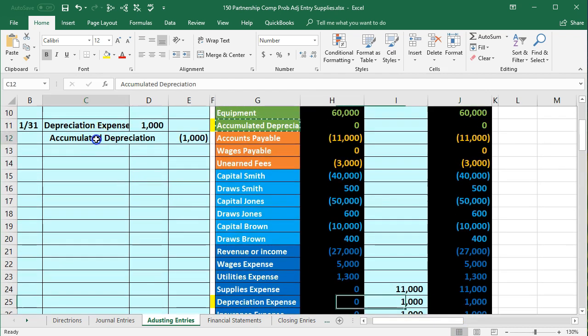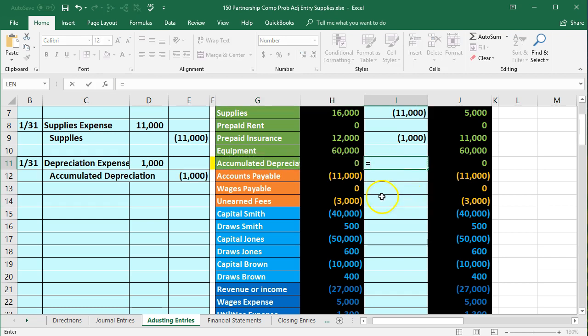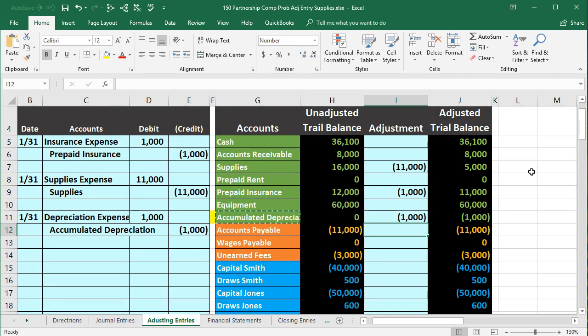Then the other side, accumulated depreciation, is here. So we're going to be in the middle column. We're going to say equals, point to that 1,000 credit, bringing the 0 up by 1,000 to 1,000. So note what this tells our reader now. We say, okay, we have equipment. The equipment was purchased for 60,000. We know the equipment went down, but it's just an estimate, so we're not going to take it out of the 60,000 here.